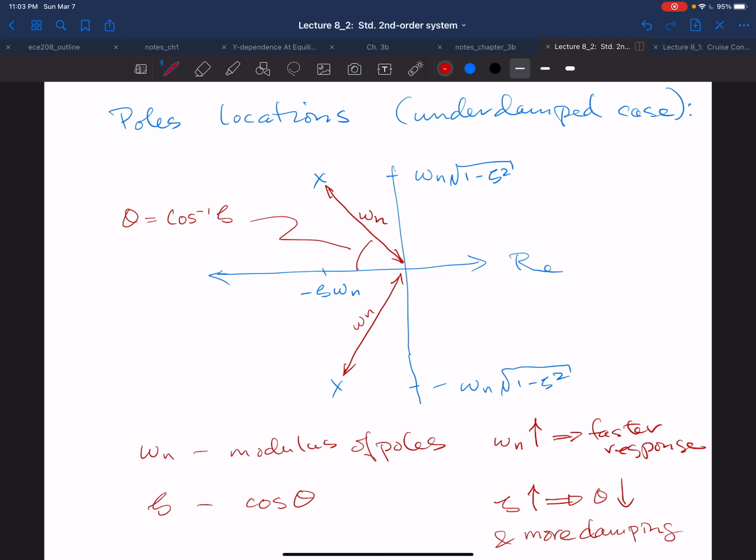So there we have essentially two ways of relating the pole locations to the responses. Once again, we saw that the imaginary part of the poles is the angular frequency of the sinusoidal oscillations.